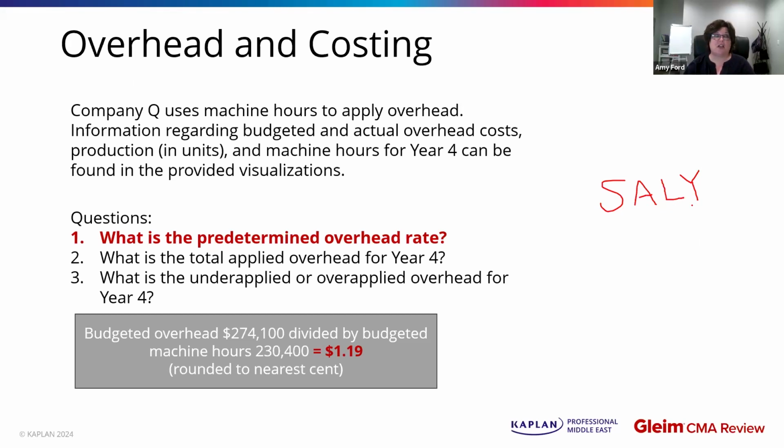If this year is expected to be the same as last year, it would seem appropriate to use last year's rate for this year. But oftentimes, for example, we're in an inflationary period right now in the economy. So even if I think everything's going to be the same, my budgeted costs are probably going to be higher than last year.